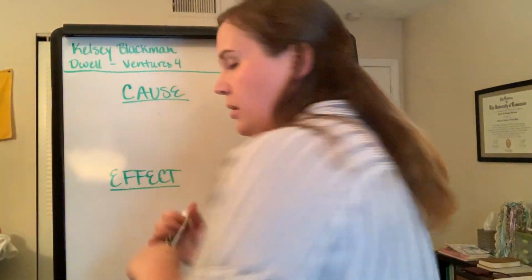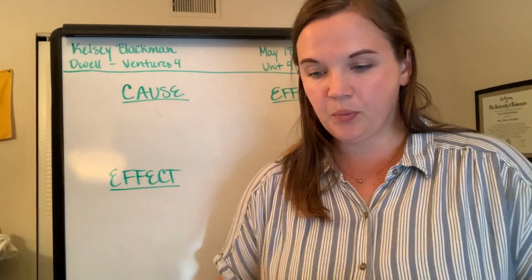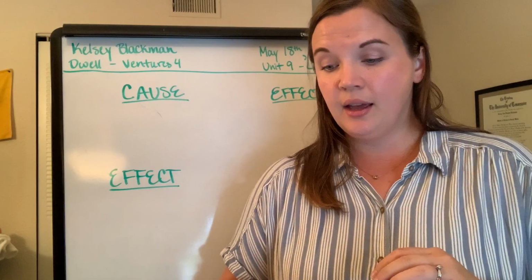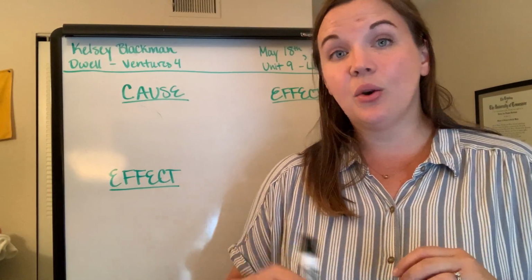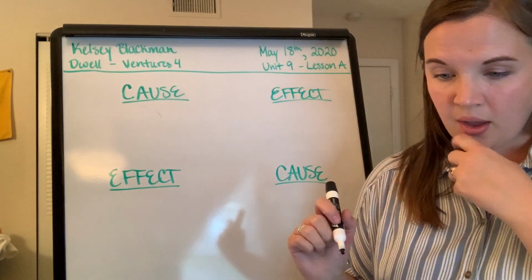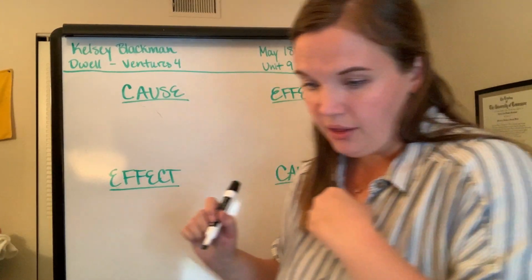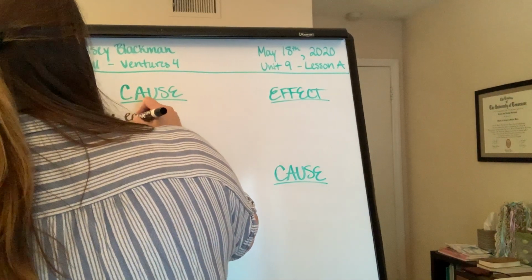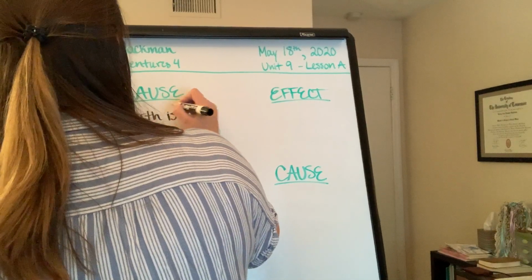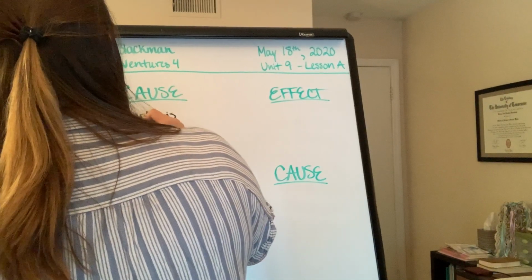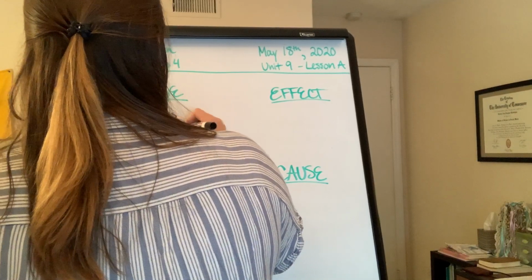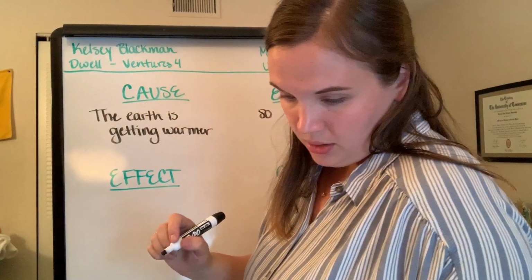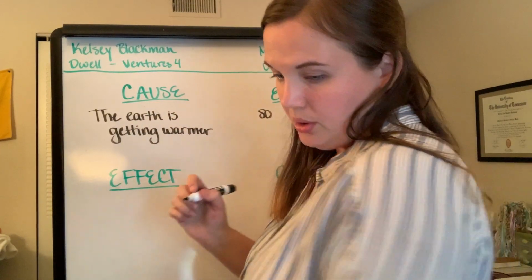Let's do another one using the connector so. We use the connector so to introduce a clause that provides the effect or result of something. The Earth is getting warmer. So the polar ice caps are melting.